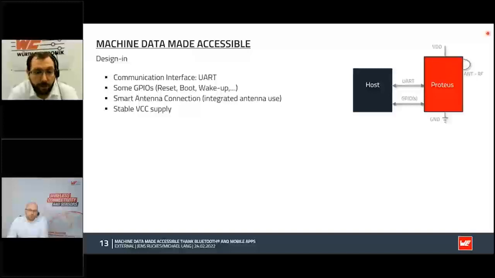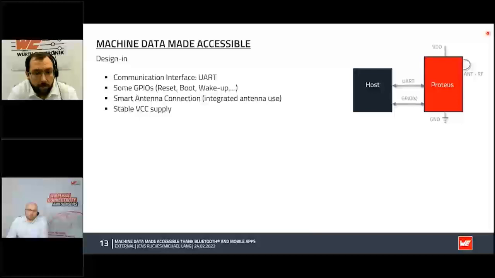We have some additional GPIOs, inputs and or outputs, to, for example, wake up the module out of sleep, or to trigger some events, or get an indication from the radio module that there are data available that were received previously. So that's what's happening here. Pretty much basic stuff, the integration into your end system.